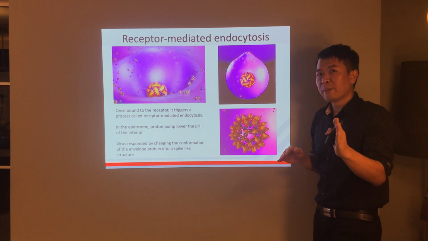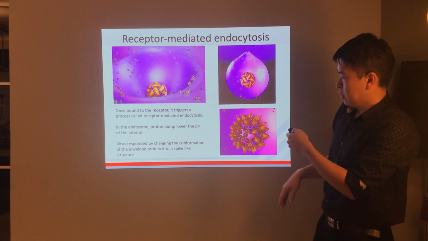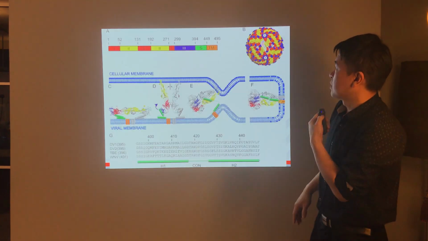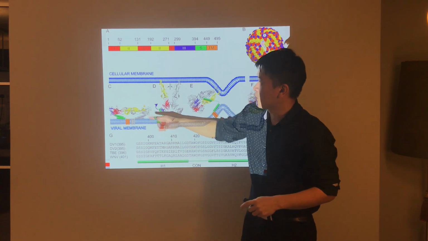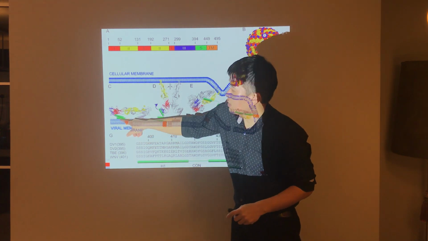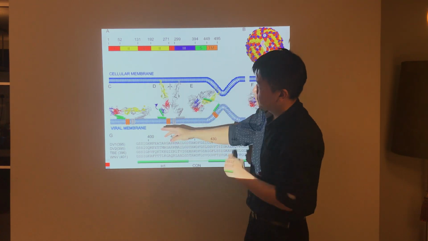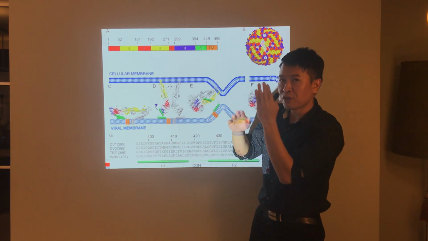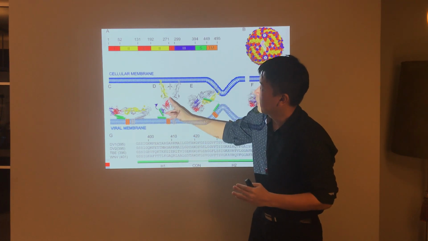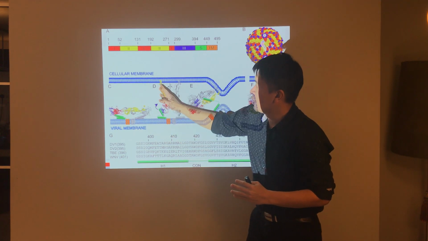And the role of the fusion peptide is to fuse the virus with the membrane of the host cell. So this is exactly what happened. We are looking at the structures here, and this is an envelope protein in dimer. As the pH changes, it causes conformational changes, leading to a spiky shape of the E protein, or envelope protein.